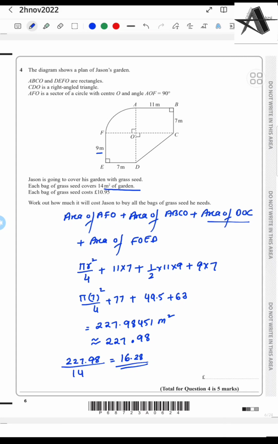That means you have to purchase the next complete bag. So this is going to be 17 bags. If each bag costs 10.95, then 17 bags cost 17 times 10.95, which will give you your final answer as 186.15 pounds.